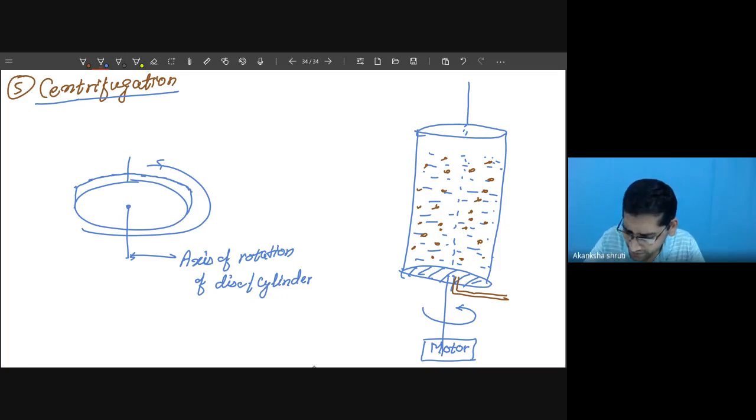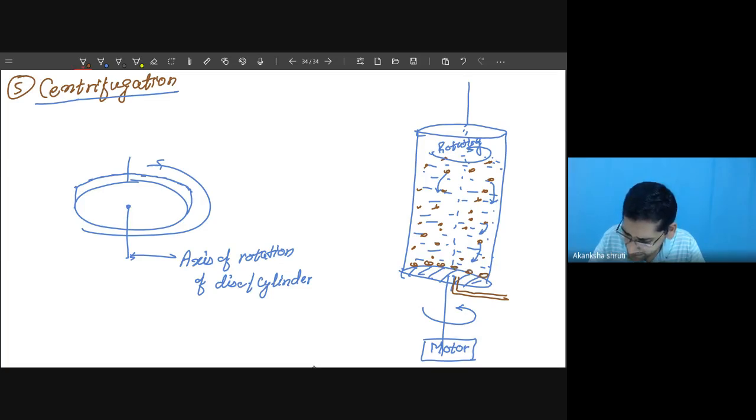What will happen? This particle will settle down. Though this is rotating, getting no? These particles are rotating. So the lighter particle will continue to rotate. But the heavy particle will rotate, as well as move downward. So ultimately, all these heavy particles will come at the bottom.